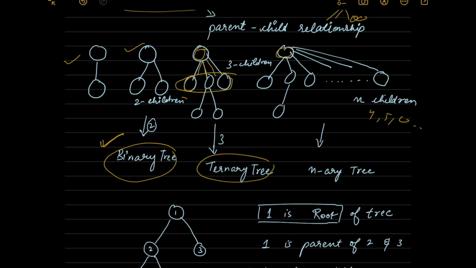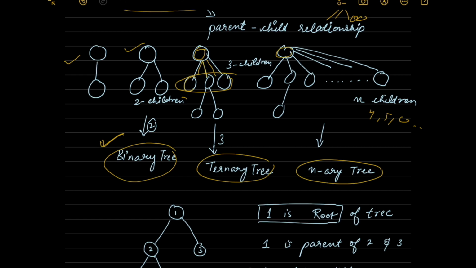Similarly, sometimes we have questions where we say a tree might have n children, so such trees are usually called an n-ary tree. So in any question, if you're given an n-ary tree, that just means that it's not defined how many children they have. So usually we take an array to represent the children of a particular node.